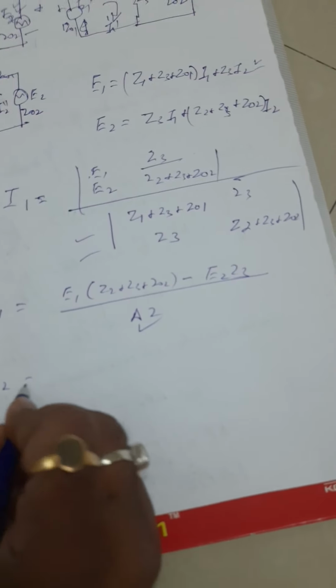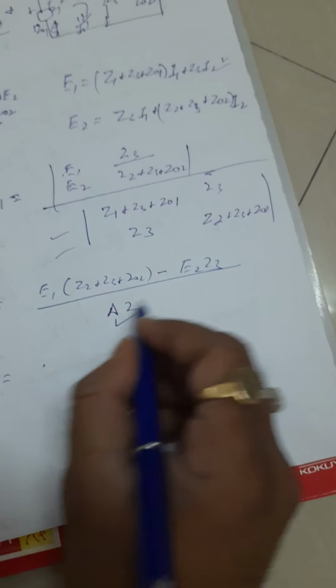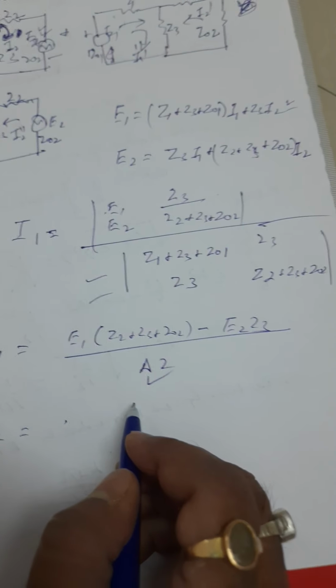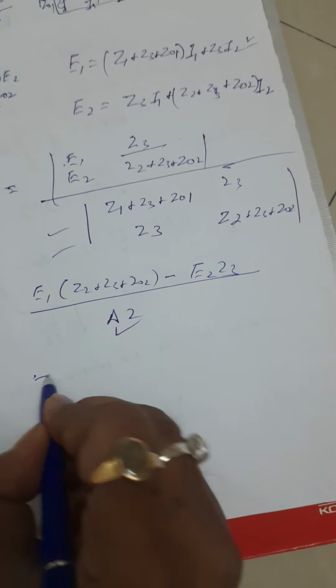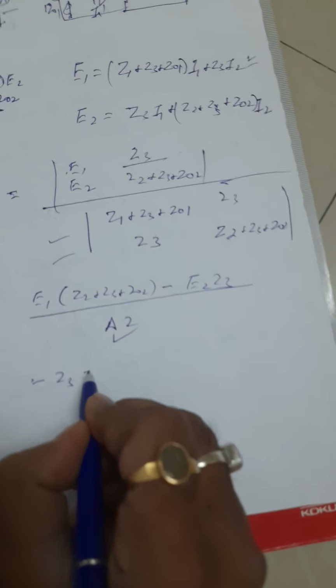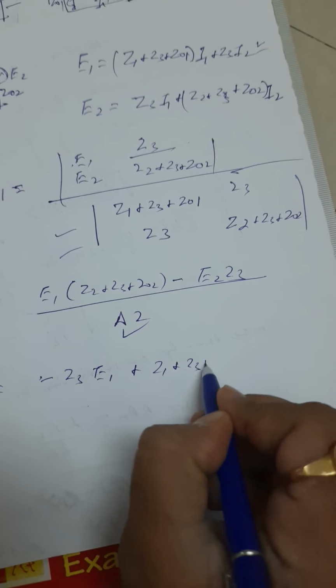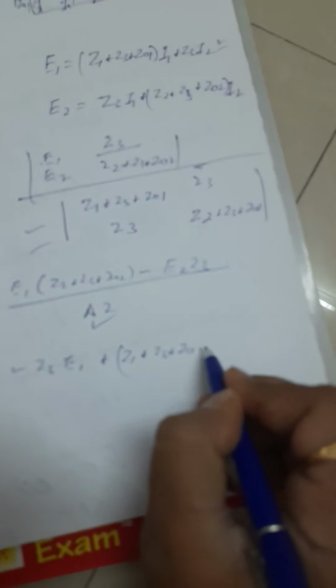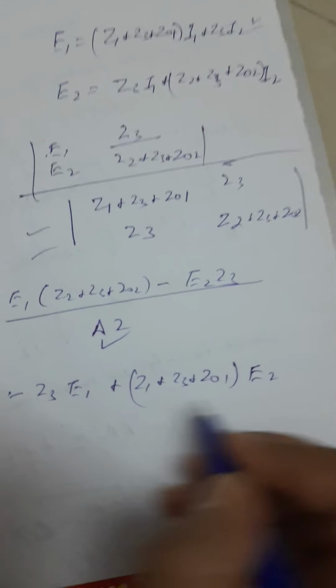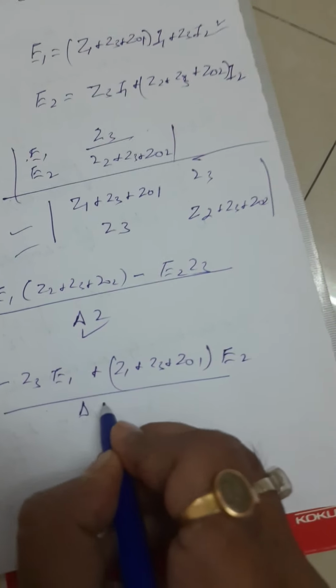And I2 is equal to minus Z3 E1 plus (Z1 plus Z3 plus ZO1) E2, divided by delta Z.